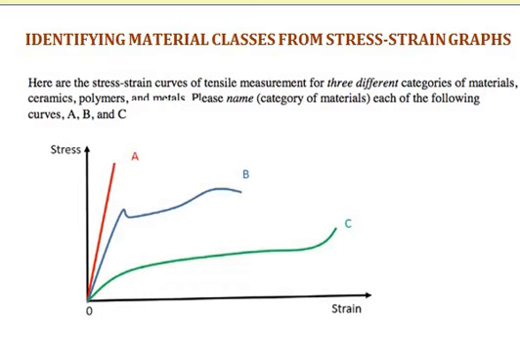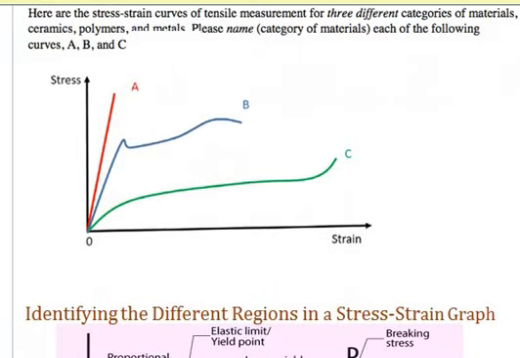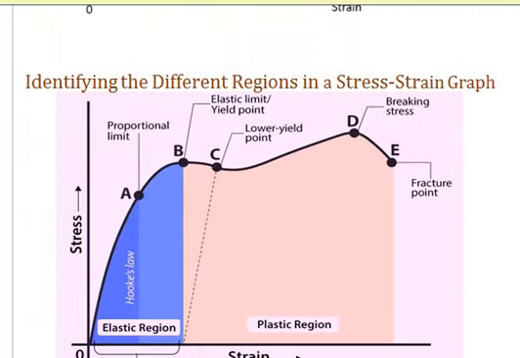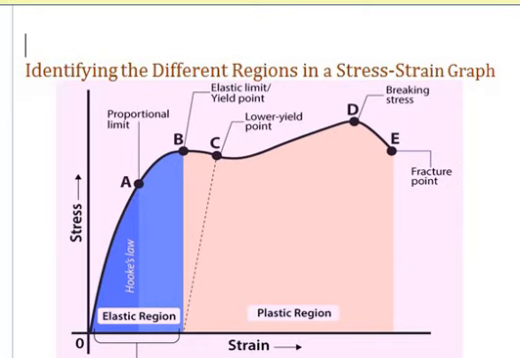But you might know that ceramics are hard or metals are ductile, but not know how this is depicted on a stress-strain graph. This is why, before we solve this question, let us first look at how to identify the different regions in a stress-strain graph.